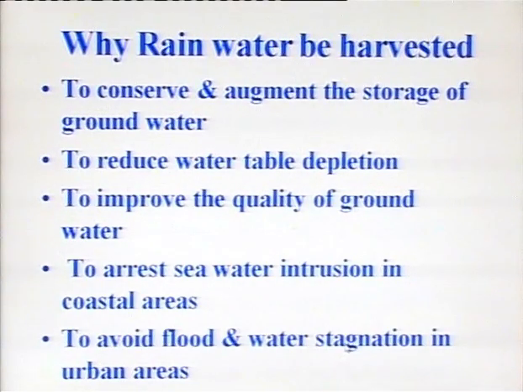It is also done to avoid flood and water stagnation in urban areas. Due to a shortage of water, the rainwater is collected in big containers and recharged into the groundwater.